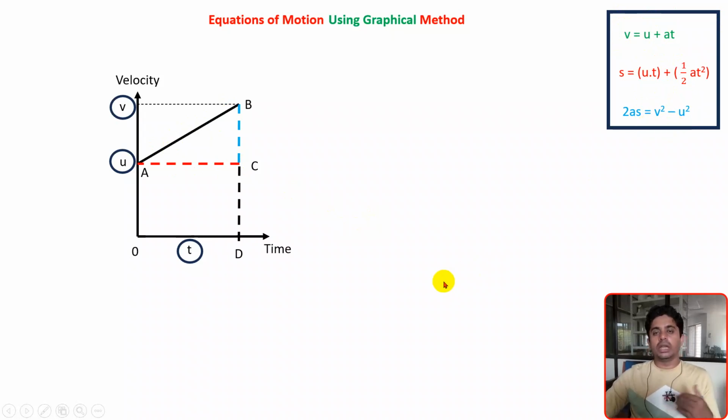So we want a general or generalized equation where all terms exist: u exists, v exists, s exists, a exists, t exists. Keeping that in mind, we have not taken the initial velocity u as 0, and we have taken this line with a positive slope, so from u to v the velocity is increasing.